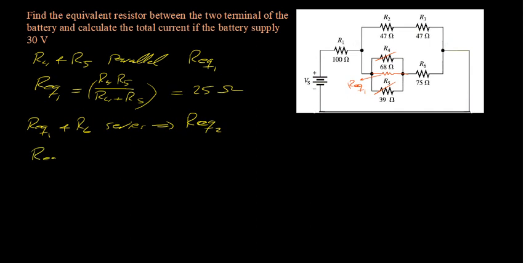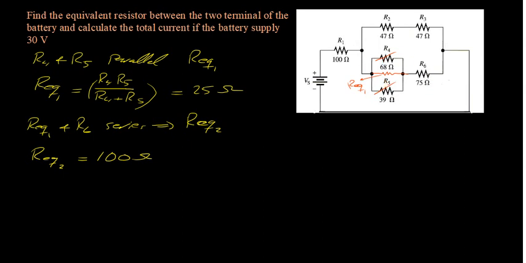Now R equivalent 2 will be the adding of both of them, so 25 plus 75, that will be 100 ohm. Great. So we know that this whole branch is replaced by R equivalent 2, and the total is 100 ohm.